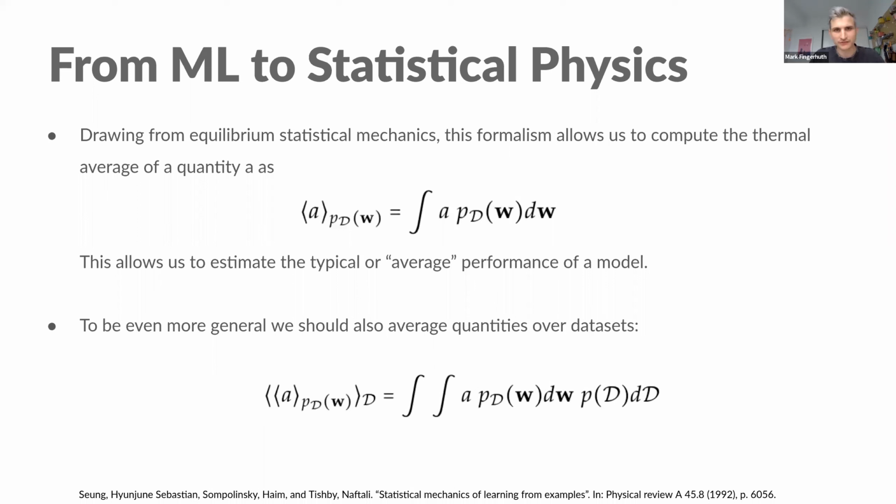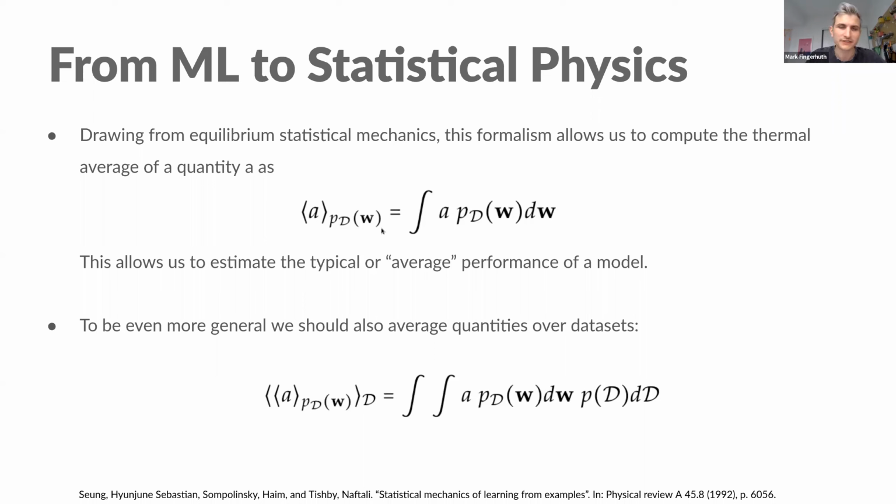Now, because we're dealing with statistical quantities and statistical mechanics, we need to take the thermal average of the quantities we're interested in. So let's say you're interested in some quantity A. Then we take the average over P(W|D), which you can think of as asking, what is the average quantity A given all the possible models that I could get from training? This allows us to reason about the typical average performance of a model given the ensemble of all the possible models.